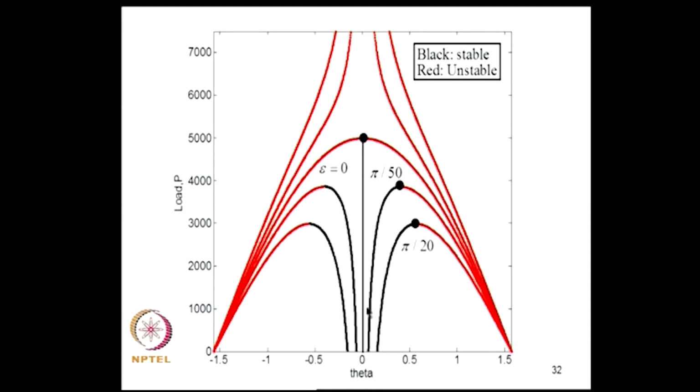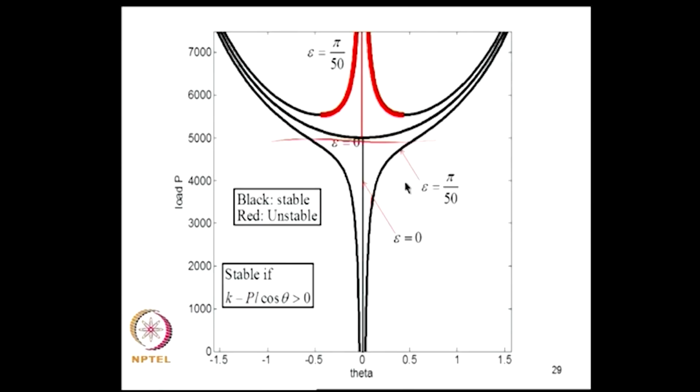The load deflection path increases, but after it reaches a value it encounters a point of instability. So beyond this point it cannot carry further load because that state becomes unstable. Okay. So the load carrying capacity is now inhibited by the presence of imperfection, whereas here that was not so.